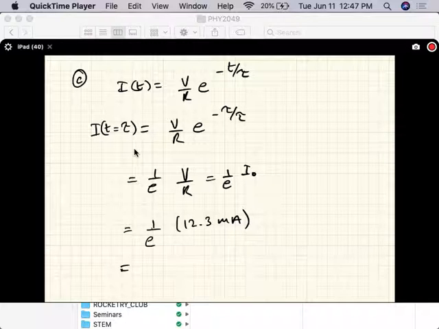So 1 over e is 0.37. The reason I did this is after one time constant, the current is 37% of the maximum value. Okay, so that's what's happening.